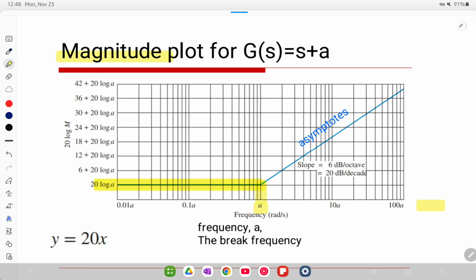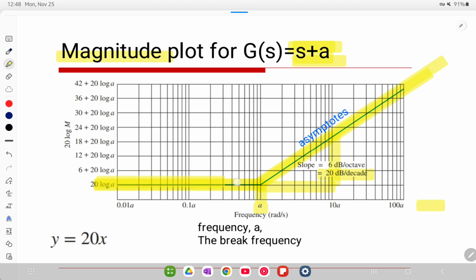So in a higher frequency, you'll see an asymptote that's increased by, let's look at 1 decade, about 20 dB. So 20 dB per decade, because it's a zero. That's usually on your numerator. That's going upwards like this.